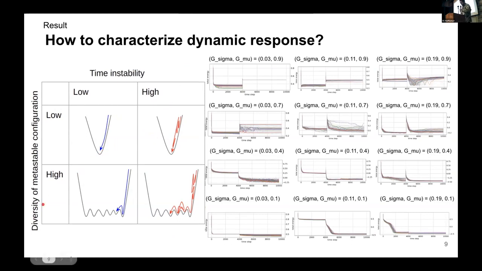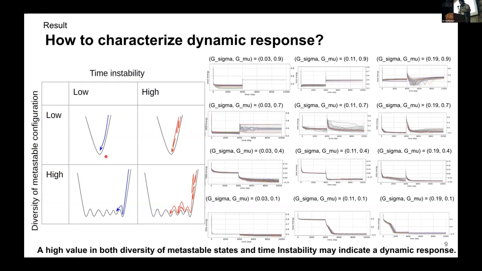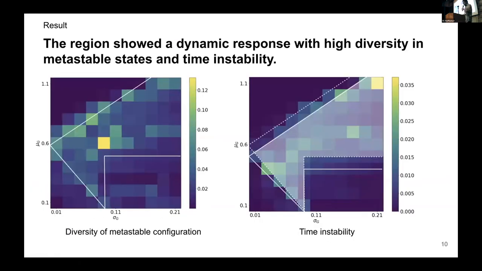The diversity of the metastable configurations means how many of these basins exist. We can calculate this, and this is the result. The left is the diversity of the metastable configurations, and the right is the time instability. The region shows the dynamic response with high diversity of metastable states and high time instability, I mean the white space.